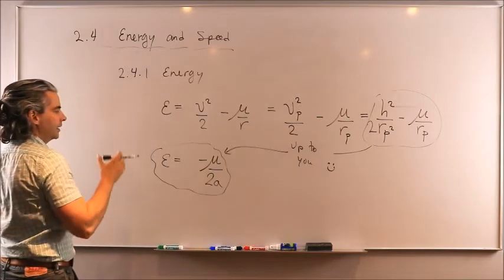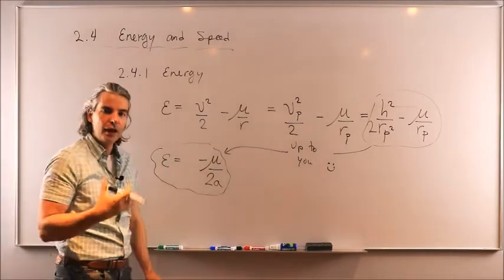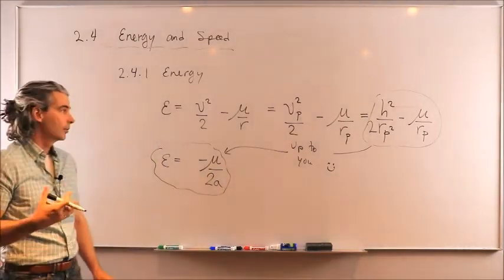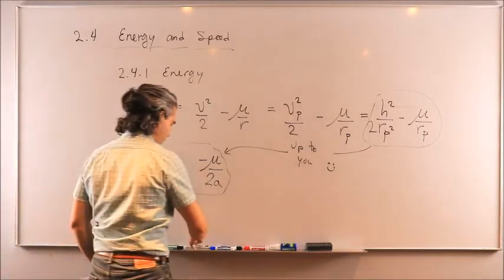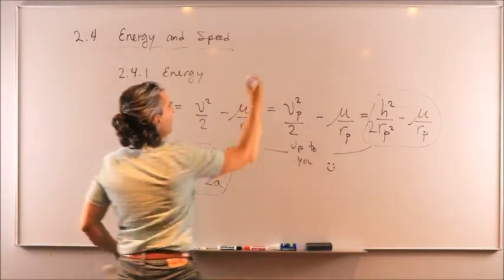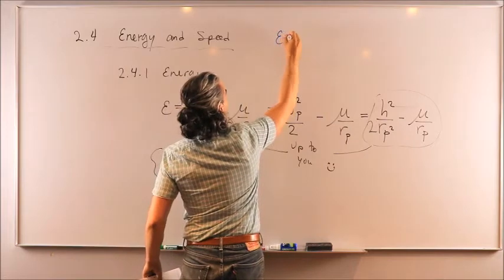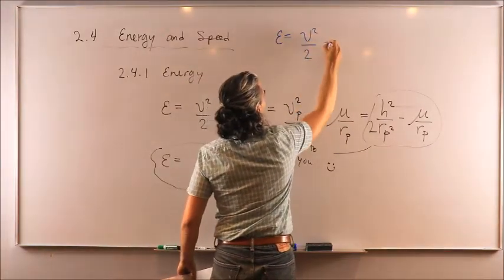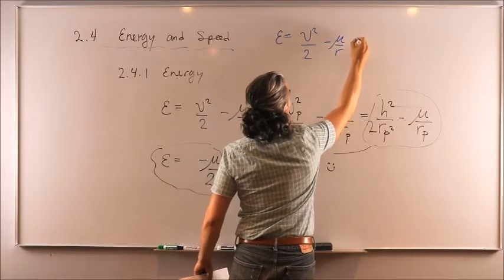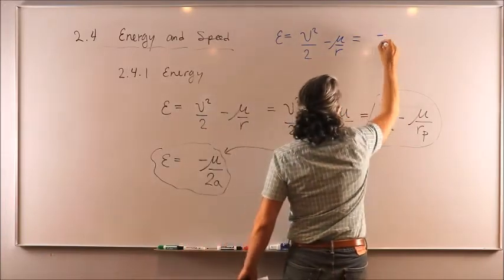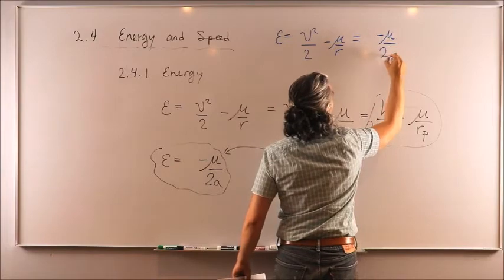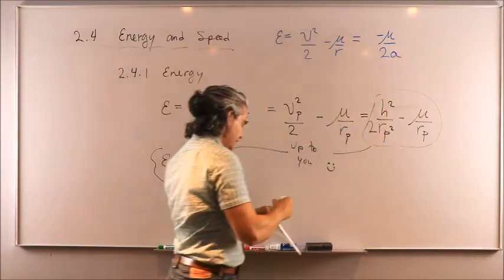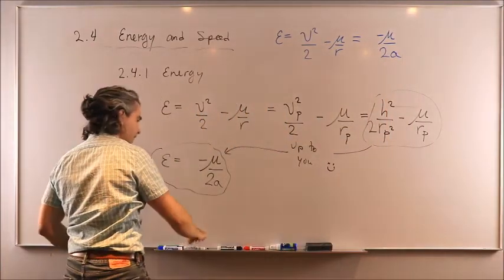So now that gives us a second expression to evaluate the orbital energy of any orbit, essentially. To summarize, now we know that orbital energy is v squared over 2 minus mu over r, but also equal to minus mu over 2 times a, where a is the semi-major axis of the orbit.